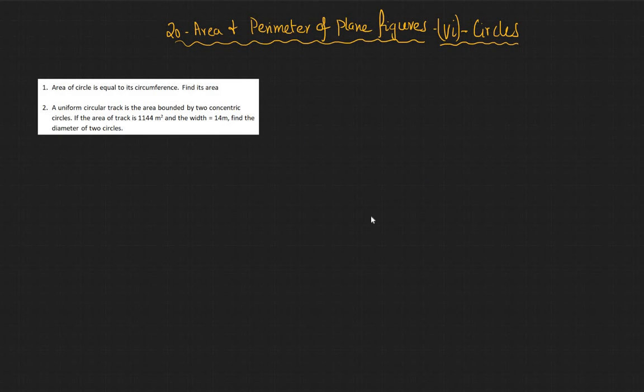Let's do a few problems with circles. Here are 2 problems. The first one says the area of a circle is equal to its circumference, find its area. Let's visualize it. Here is your circle, and this is your radius.